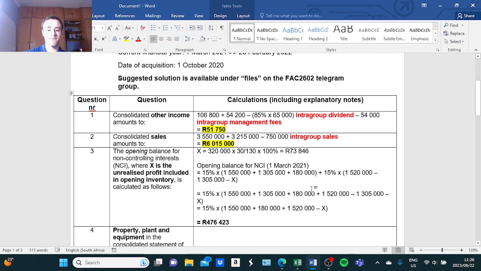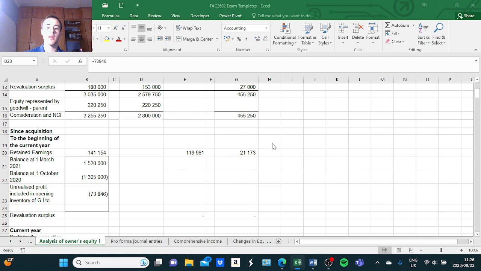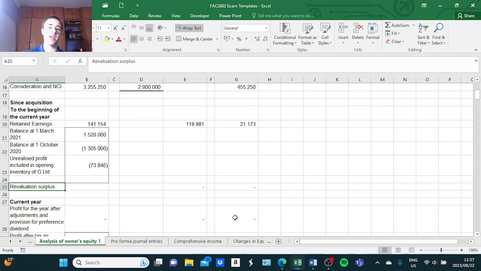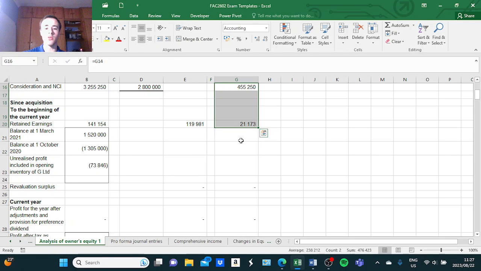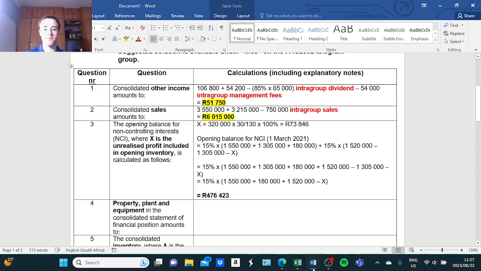If we compare this to our analysis of owner's equity calculation, the at acquisition balance was 455,250, and then we just need to add the NCI share since acquisition to the beginning of the current year, which was 21,173. Again, there has not been any change in revaluation surplus since acquisition. So the sum of these two should give you the NCI balance at the beginning of this year, which is indeed 476,423.